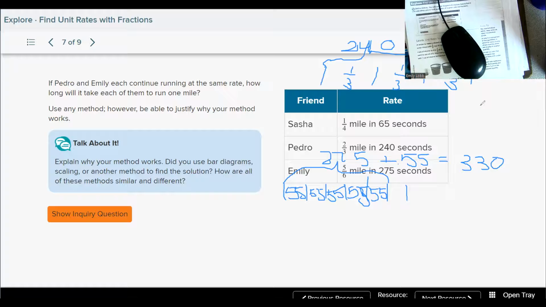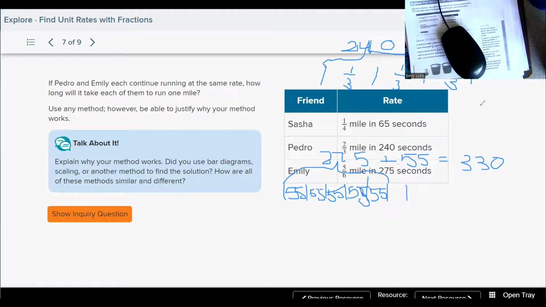So how long did it take Sasha, do we remember? 260, and then to run a whole mile, and then it took Pedro 240 plus 120, so 360, and it took Emily 330.